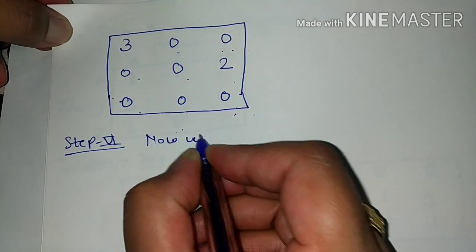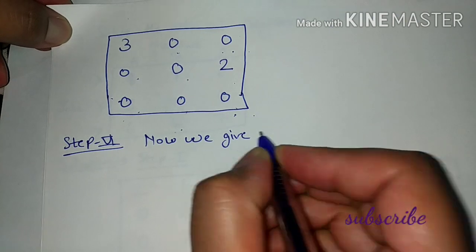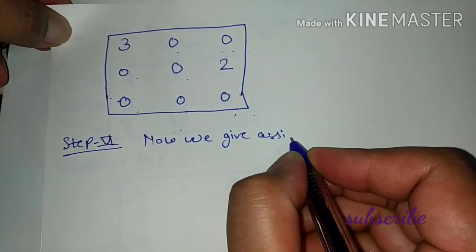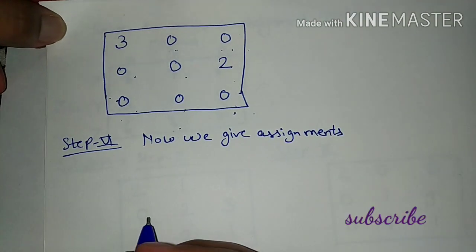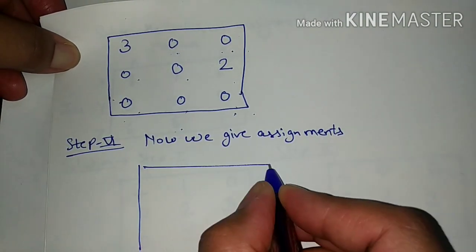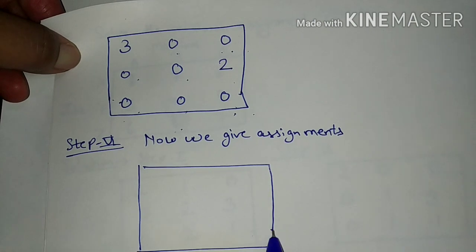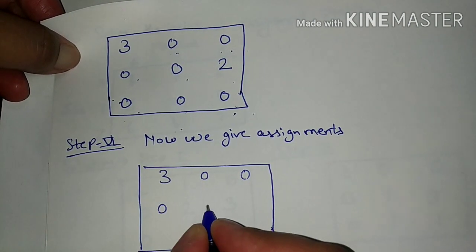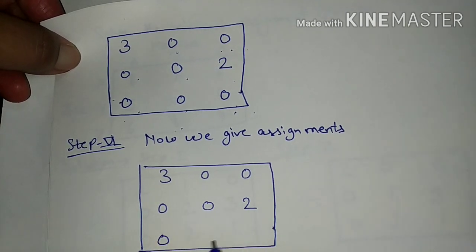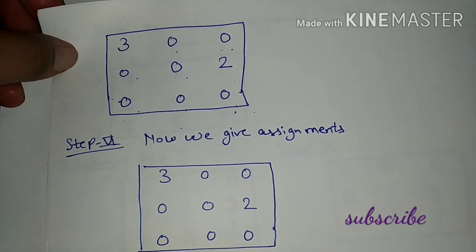Now we give assignments. I am writing here this matrix: 3 0 0 0 0 2 0 0 0.